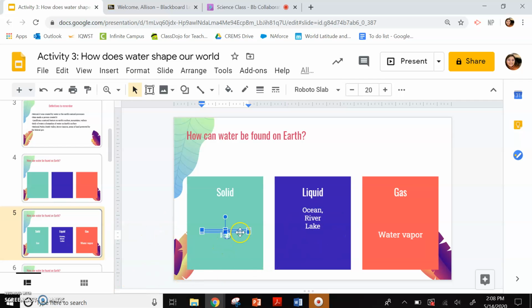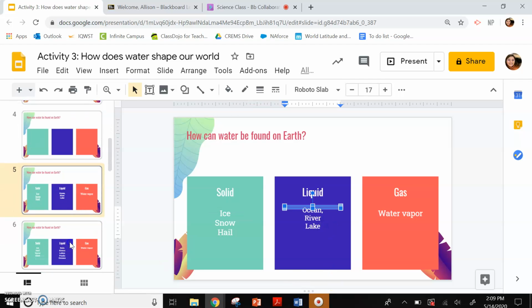Oh, good one, Sydney. Okay, so we have snow. I'll take one more person if anybody else wants to add. Go ahead. Hail is a solid, right? Hail is that ice that has frozen and it's falling towards the earth.